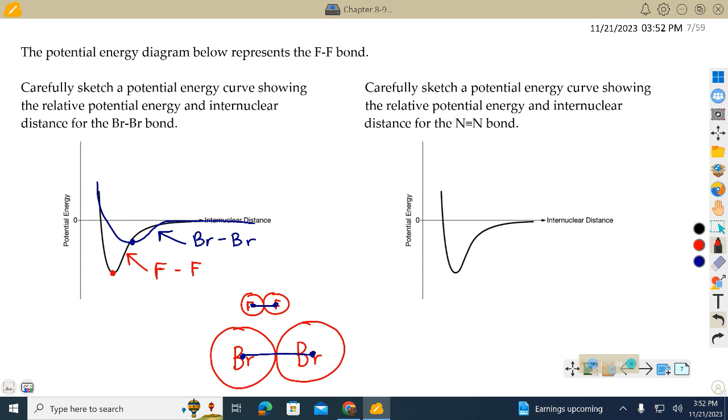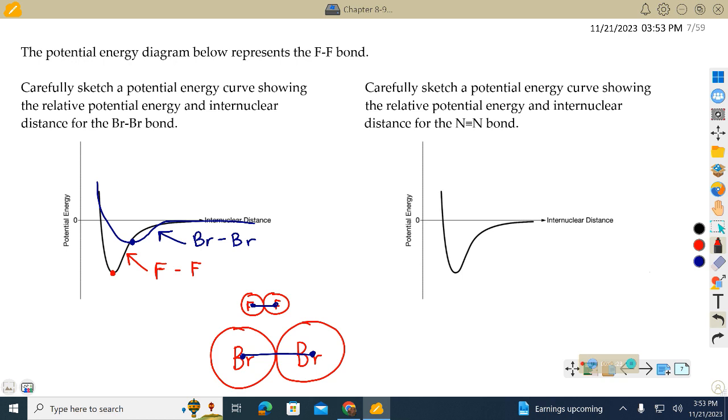The second example has us carefully sketching a potential energy curve showing the relative potential energy and internuclear distance for a nitrogen-nitrogen triple bond. Okay, so I didn't have to draw the dot structure. They're telling me that it's a triple bond. And I think about a triple bond, and I know that it's a stronger bond.